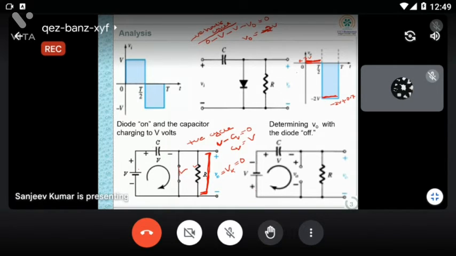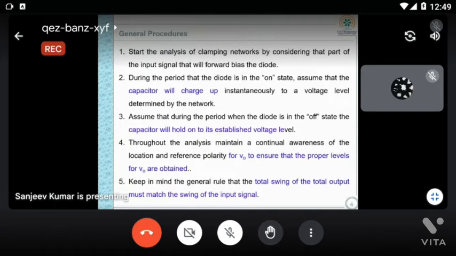For negative half cycle, you have to see the supply voltage and also the stored voltage in the capacitor, and this current will flow across this resistance, and the diode will act as open. So in a clamper circuit, you have to take that cycle when your capacitor will be charged. Then we'll see the steps.